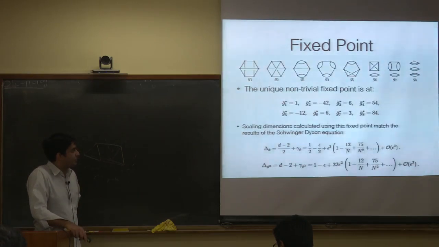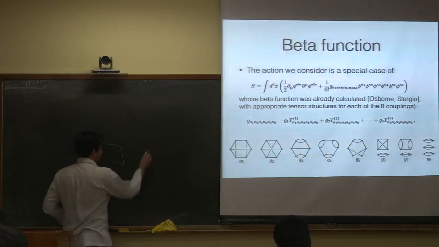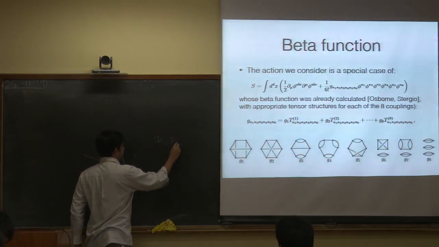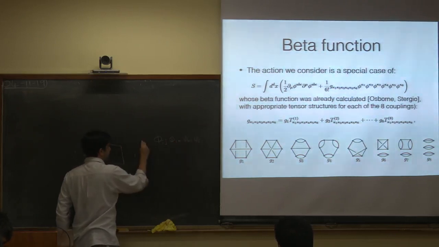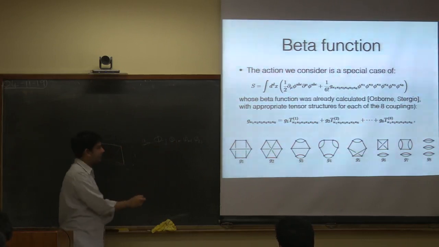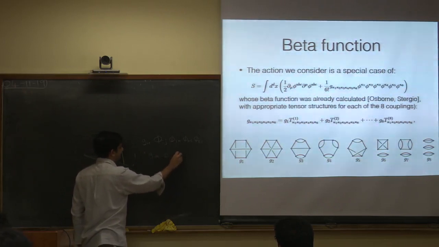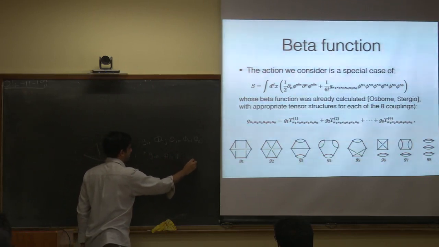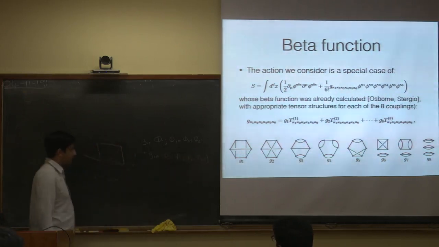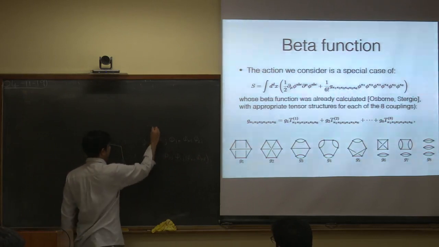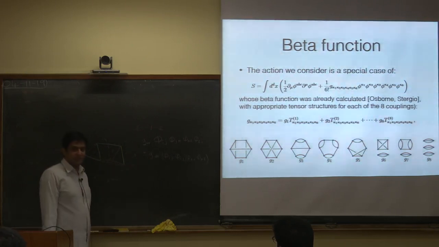So if you consider a theory where it's just phi ij, this is your single trace matrix term, plus you have a double trace term with coupling G. And you study this in 4 minus epsilon dimensions, with the proper scalings of these couplings.